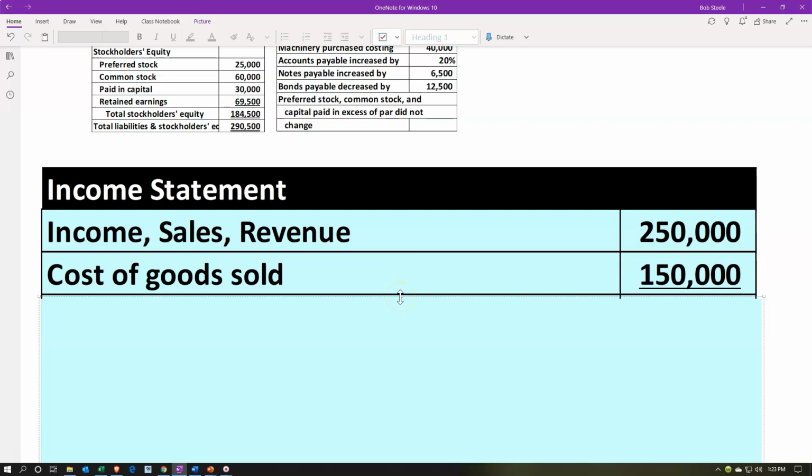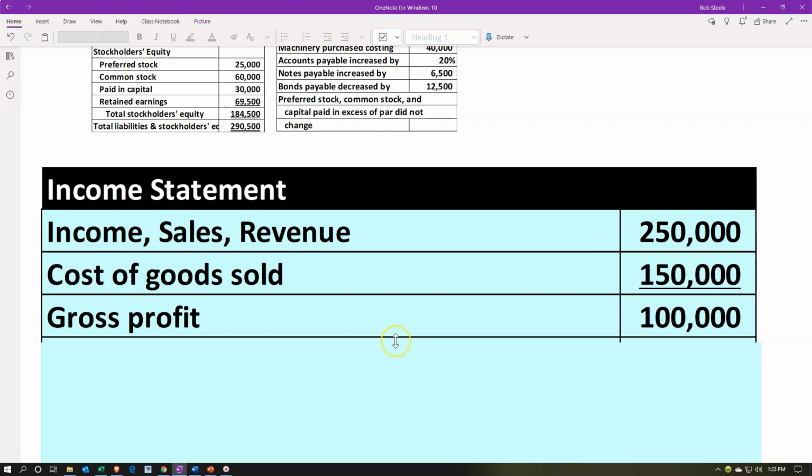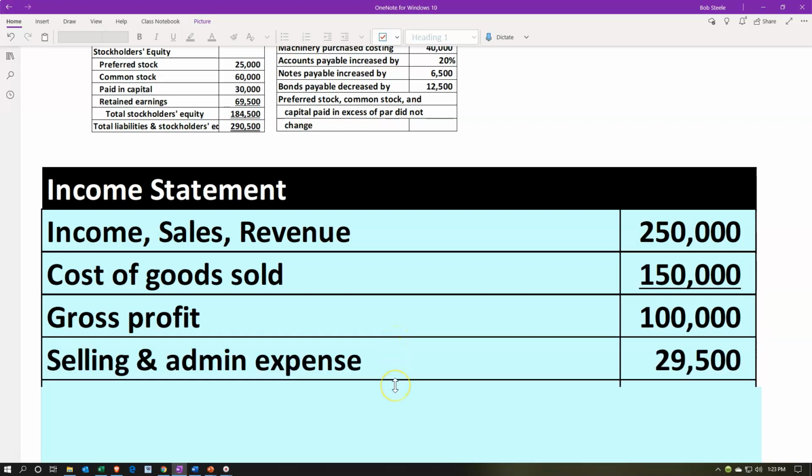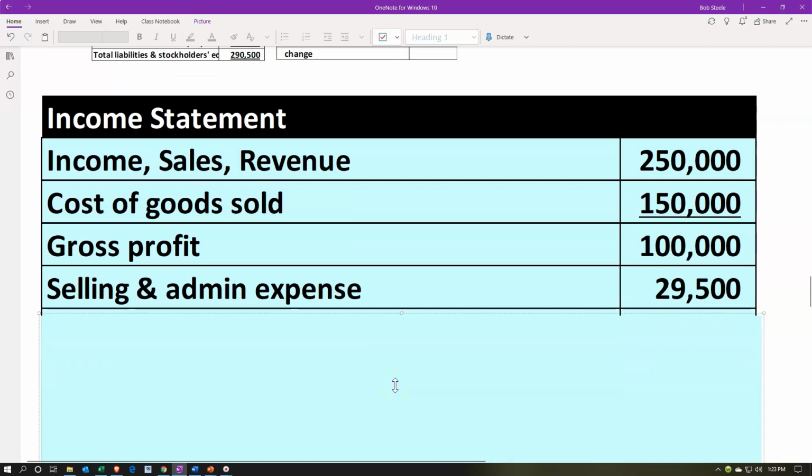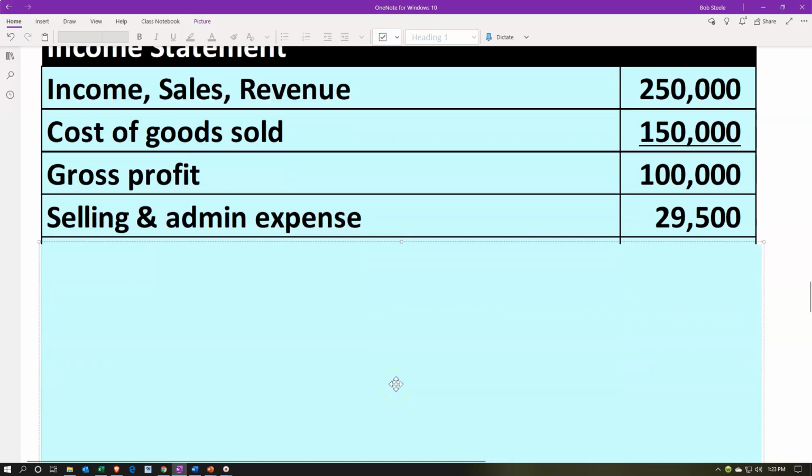If we sell inventory, then we'll have cost of goods sold representing the cost of that inventory that we are selling. We're going to have a subtotal along the way, which is going to be gross profit, because the relationship between revenue and that expense of cost of goods sold is very important. Therefore, we create a subtotal on the way down to the ending number, which will be the net income.